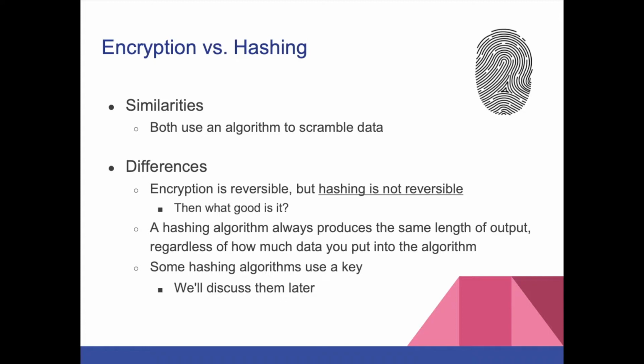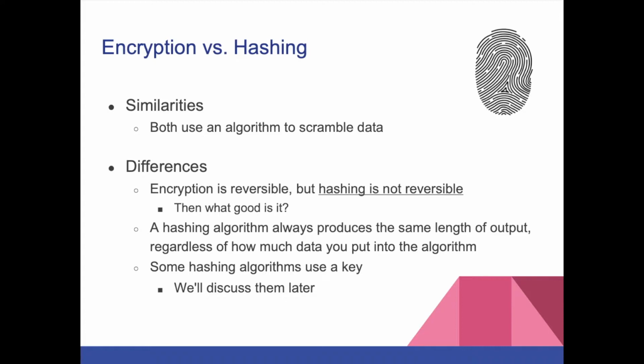So, with these hashing algorithms, we supply some input data and no key. The algorithm spits out a fingerprint. If you run the same data through the algorithm a second time, you will get this same fingerprint. If you run the data through the algorithm a third time, you will again get the same fingerprint.